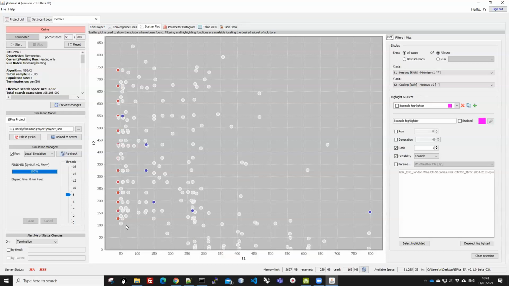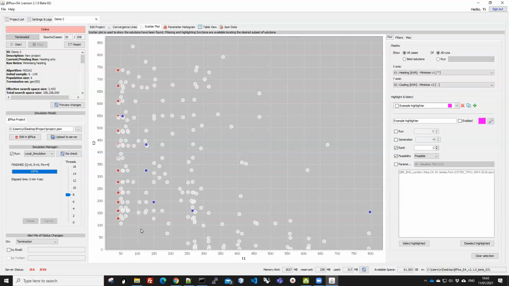And maybe the best combination will be 150 for heating and 100 for cooling, and that will give you the best outcome for your design. So if you're interested in both heating and cooling, you would want to find a set of solutions going along this way, showing you the trade-off between heating and cooling, and hence give you an opportunity to choose which solution to use.